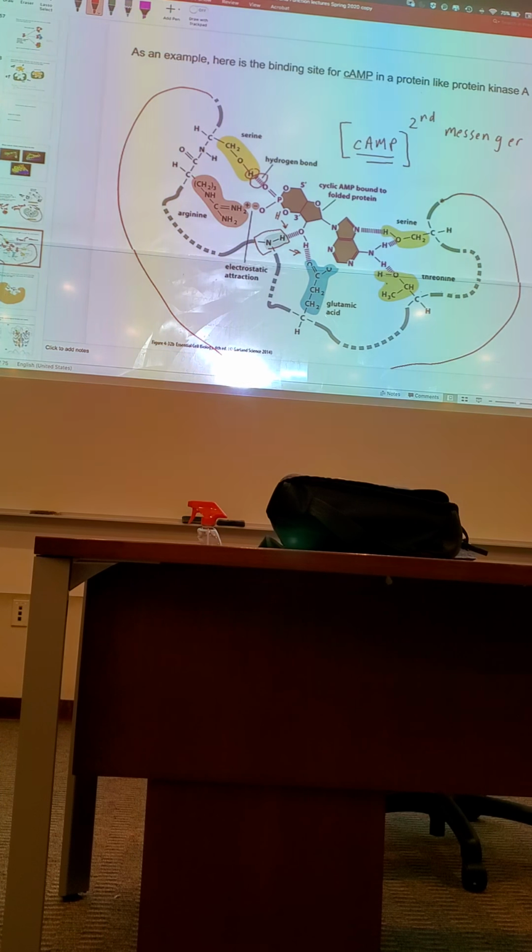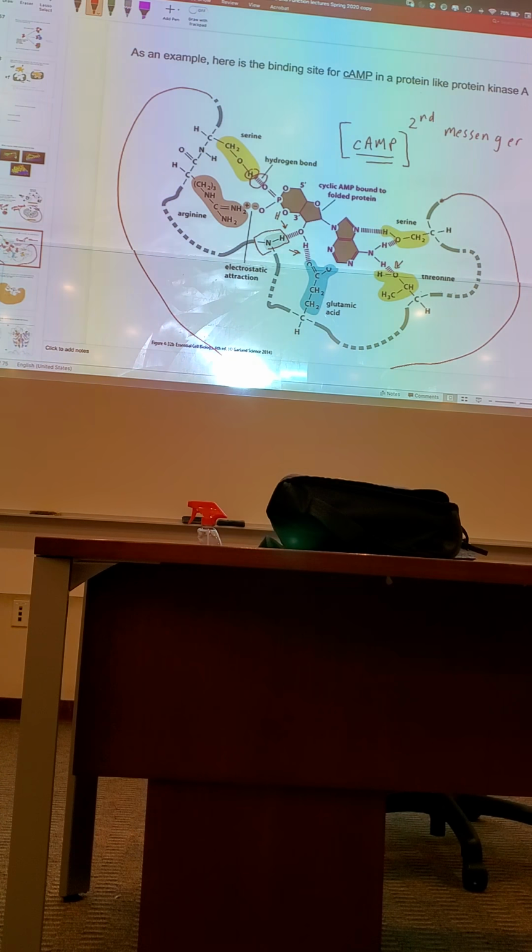Here's threonine. Threonine, we haven't looked at the structure, but it looks a lot like serine, except it's got one additional methyl group. So we know this hydroxyl group is a polar bond with oxygen having a partial negative charge. It can form a hydrogen bond with this amine. And this amine can form a hydrogen bond with the serine.